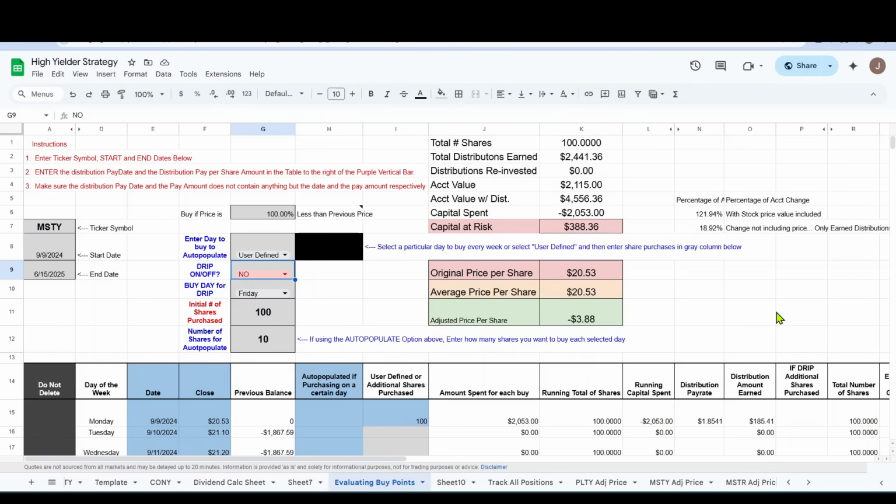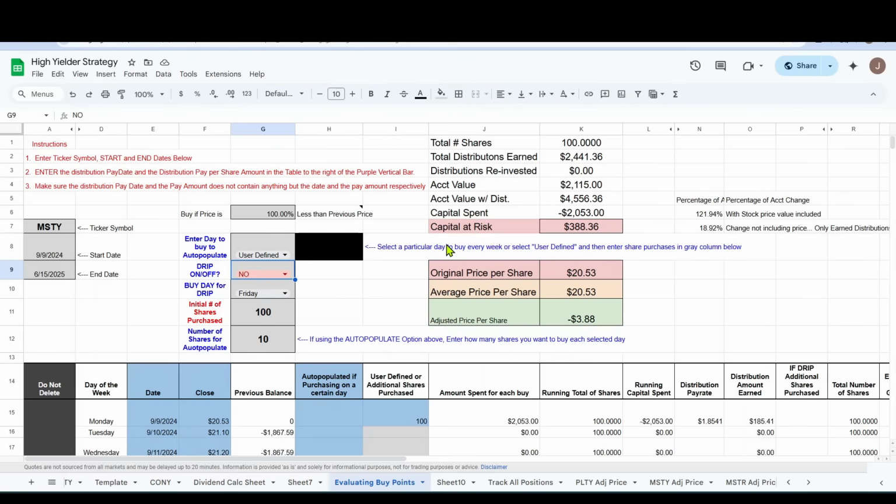And that's what I mean by it does matter when you buy, because we bought at that $20.53 down here on 9/9. And now our capital at risk, well, we have none of our capital at risk now. We have actually exceeded the amount that we have invested by $388, because the amount that we spent, $2,053, the distributions we've earned is $2,400.